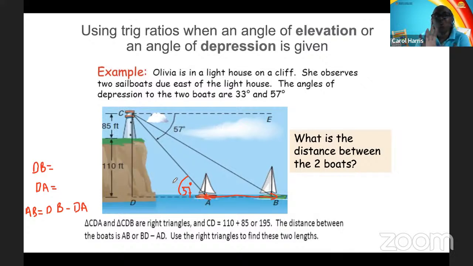So now that we know our trig ratios, how could I find the length DA? What would I use to find it? Type it in the chat, or raise your hand and open your mic, whichever. If I see a raised hand first, I'll go with that. How could I find the length DA?